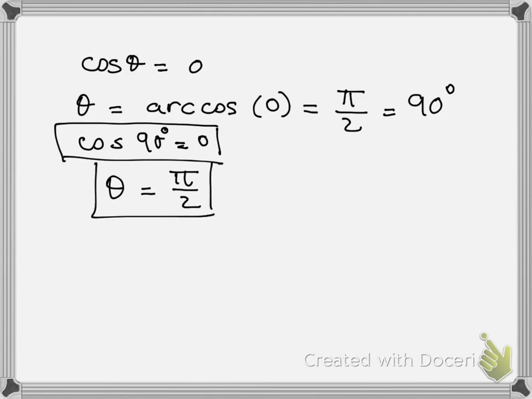So that's the angle between U and V, and because it's 90 degrees, that's a right angle, right?